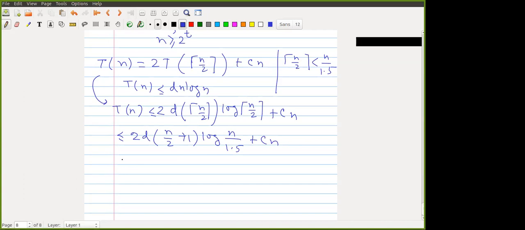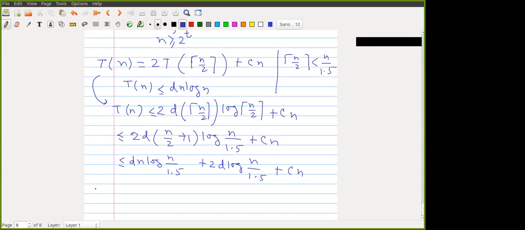If we unravel it a bit more, maybe this is d n, so the 2 cancels, log of n by 1.5, plus 2d log of n by 1.5 plus some cn.